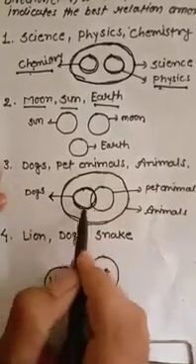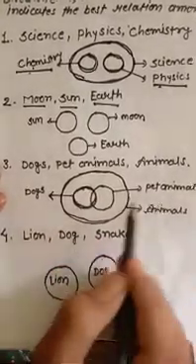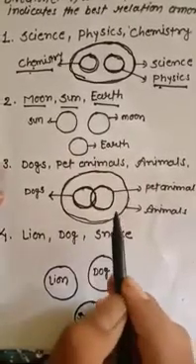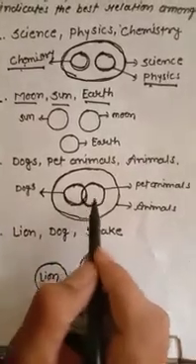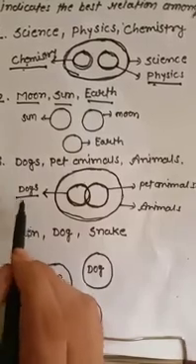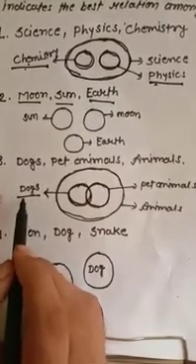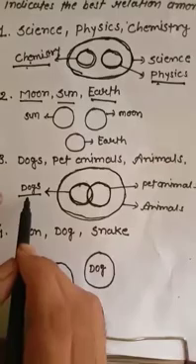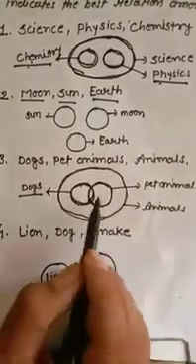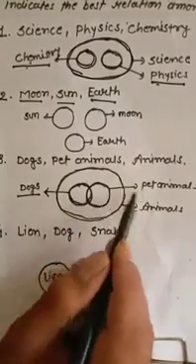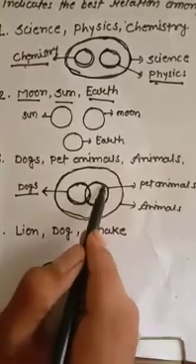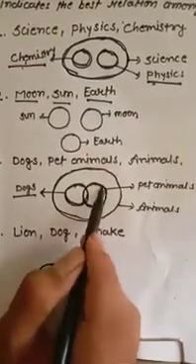They all will come in this circle, and all the pet animals will be represented by this circle. Now, both these circles are cutting each other. Why? Because only some dogs are pet animals, because every dog is not a pet animal. That's why we have taken some part of the dogs into the pet animals. This circle is representing all the pet animals.